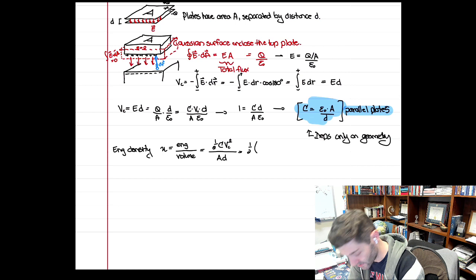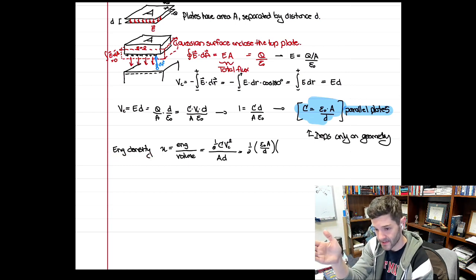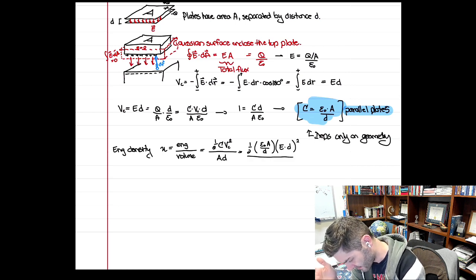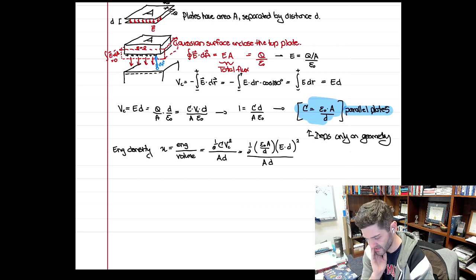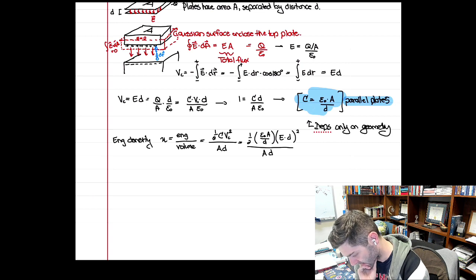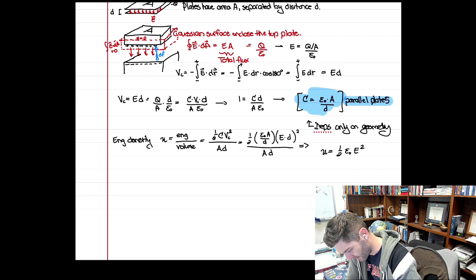The capacitance we just derived and said it was epsilon naught times A all over D. The potential difference across the capacitor we said was the electric field times the separation D, and then that's all being squared. And this entire thing is divided by the volume A times D. And notice the areas cancel, all the D's cancel, and at the end of the day, the energy density ends up being 1/2 epsilon naught times the electric field squared.